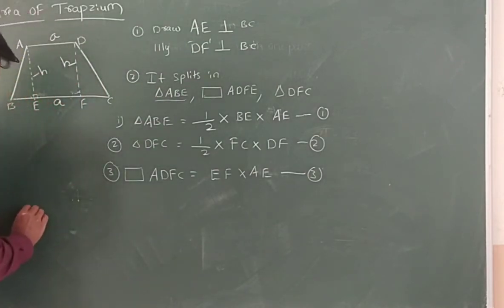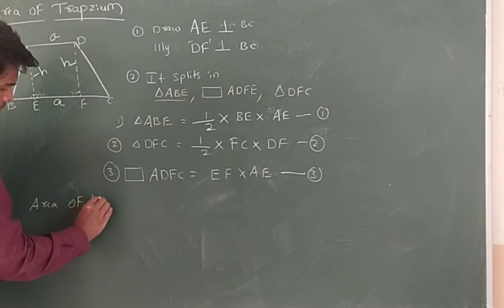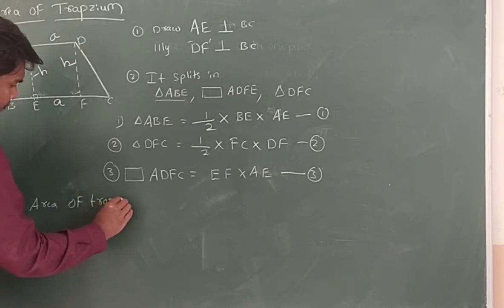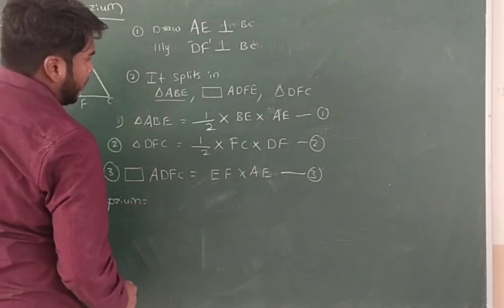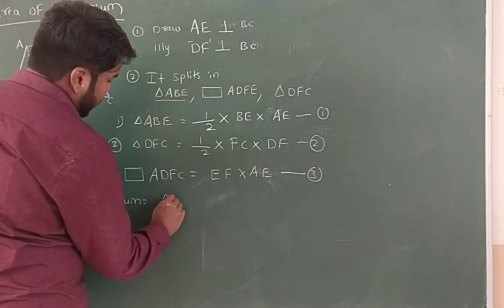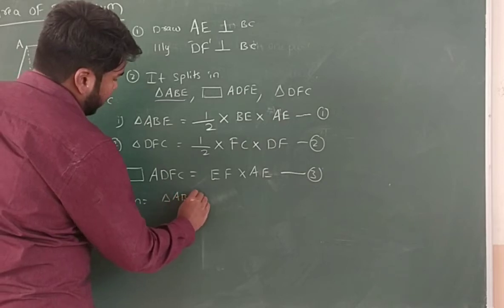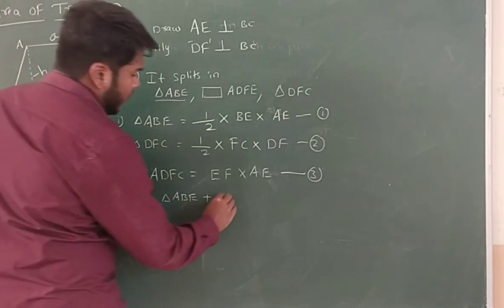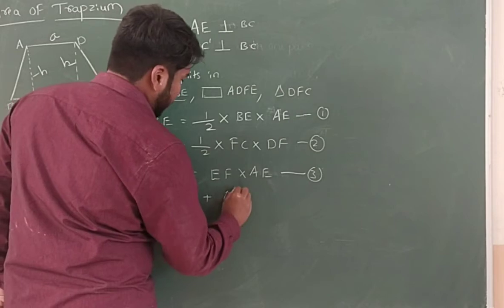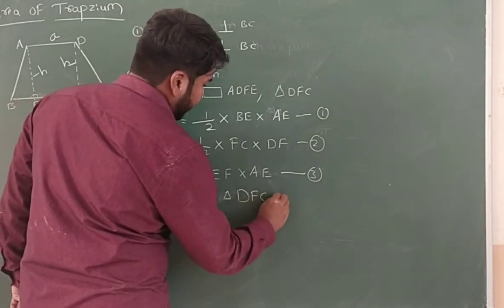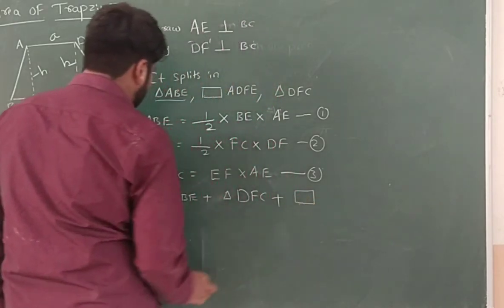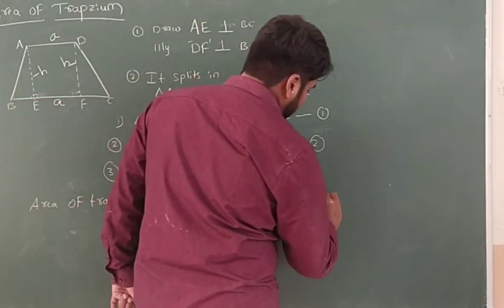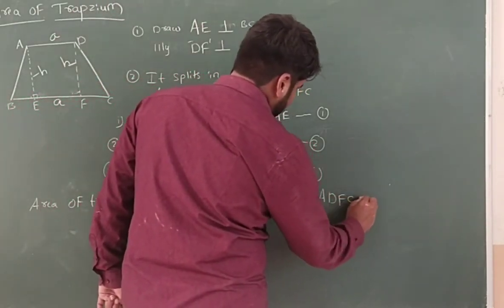So area of trapezium is equal to area of triangle ABE plus area of triangle DFC plus area of rectangle or parallelogram ADFE.